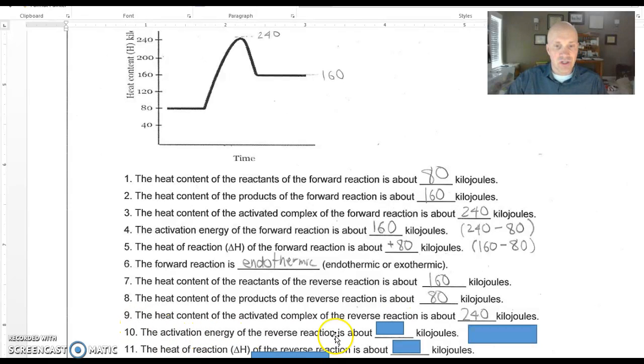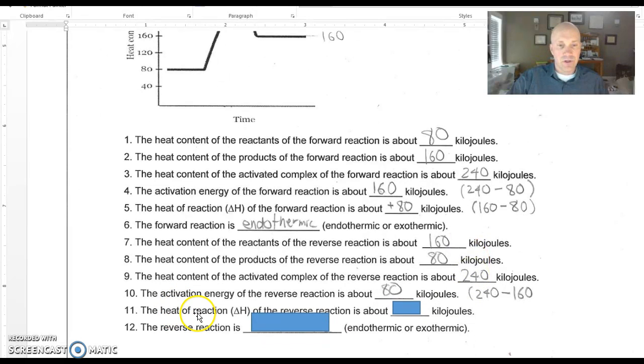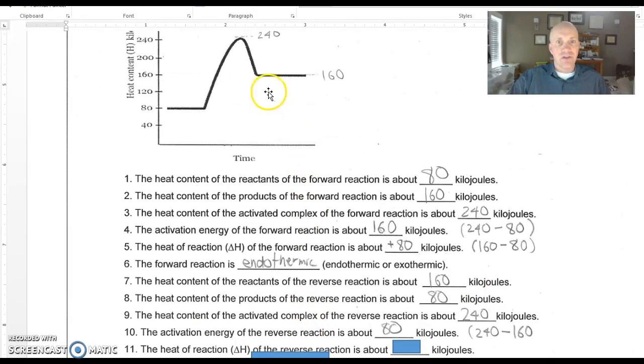The activation energy of the reverse: how much energy do we have to put in to get it up over that hump? That would be solved by doing 240 minus 160, and that's going to give you 80. And what is the change in enthalpy of the reverse reaction? The difference between here and here is the same as the problem we did before.